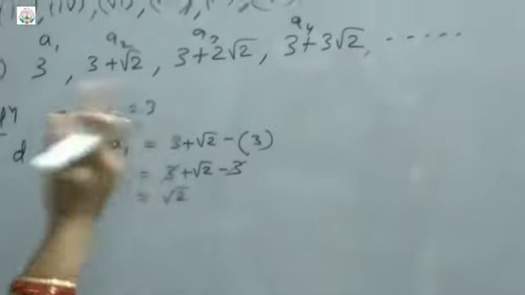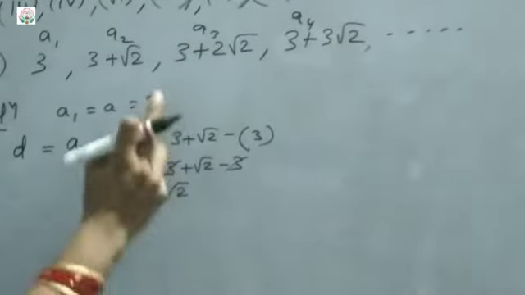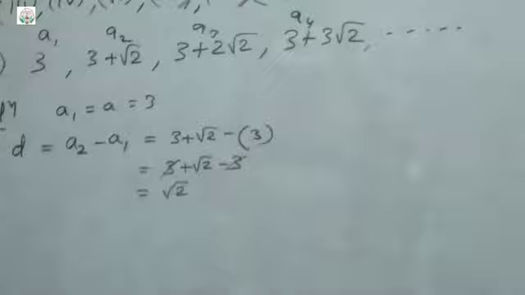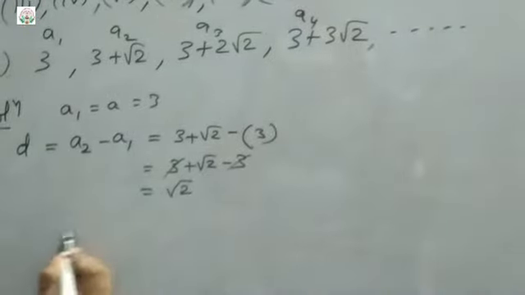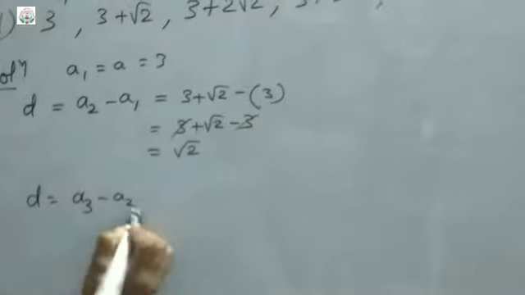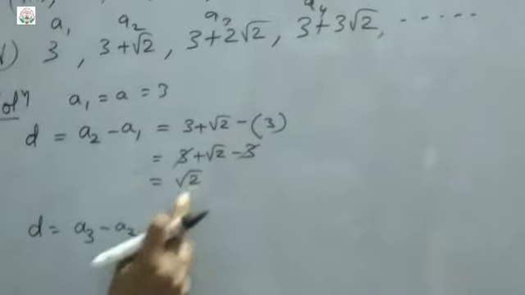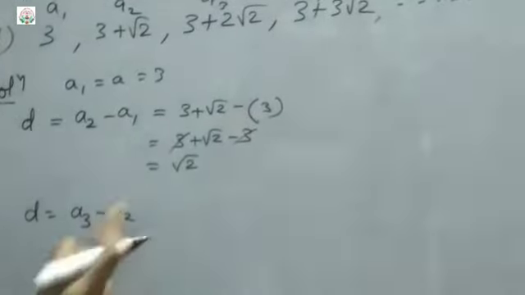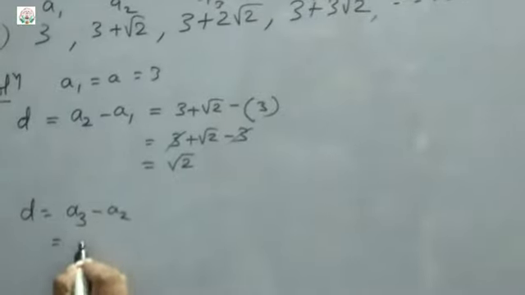Now we will check with another term, so that if the common difference is the same, that means it is in AP. So again we can write D equals A3 minus A2. If this difference and the earlier one are the same, it is an AP.